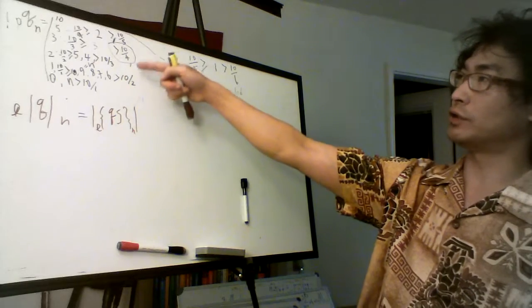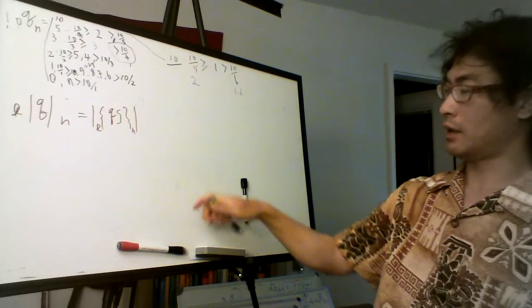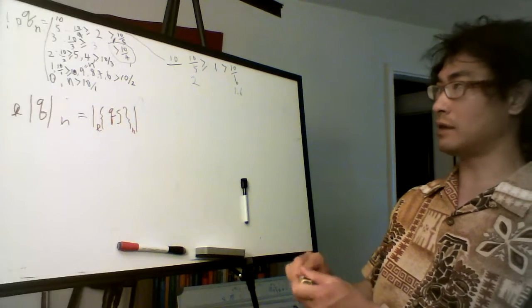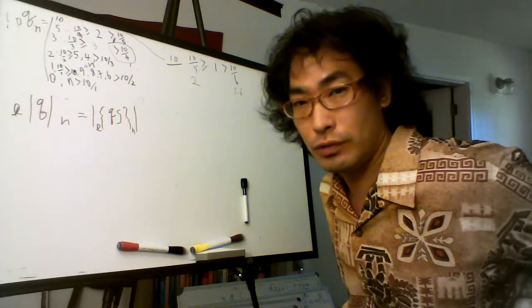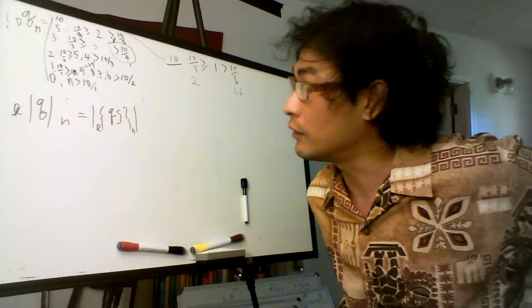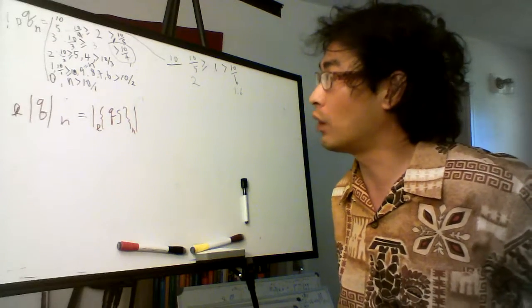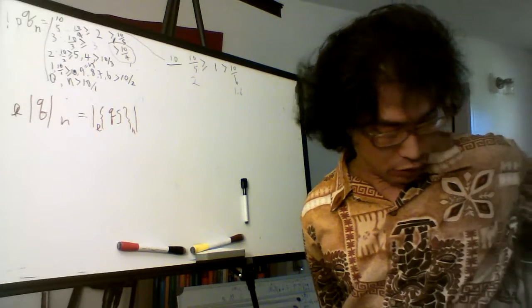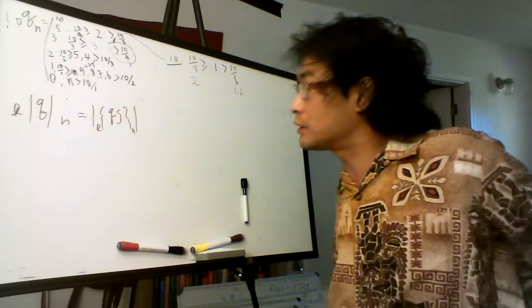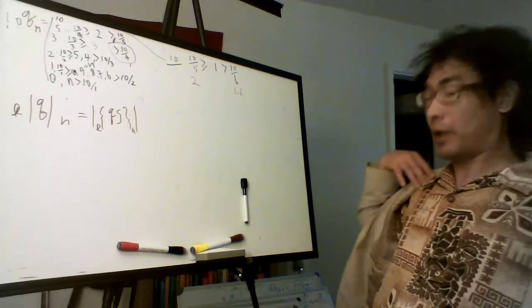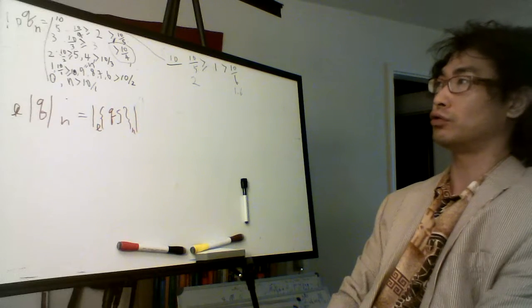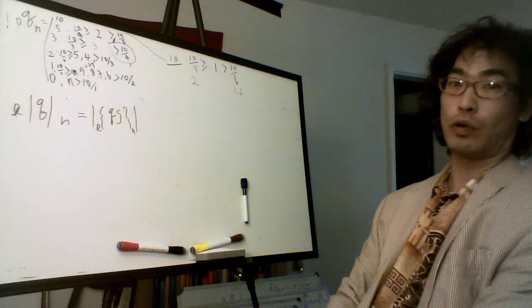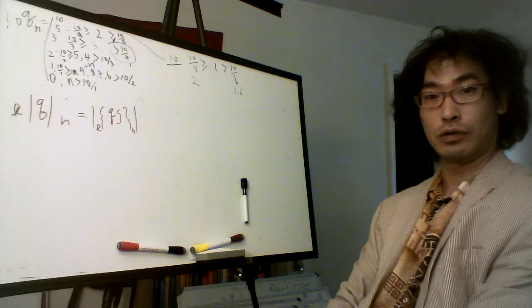Here we have 1, 2, 3, 4, 5, 6, and it's as if 10 divided by 2, the quotient is 5, so 5 plus 1 is equal to 6. So it's either 10 quotient 2 plus 1 or 10 quotient 2 plus 2.